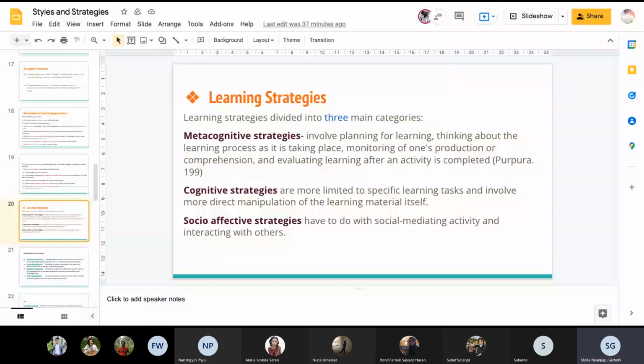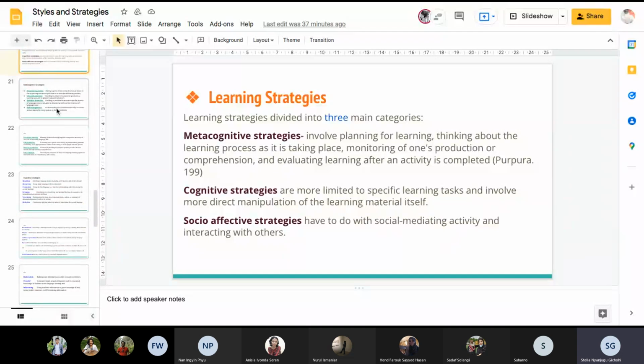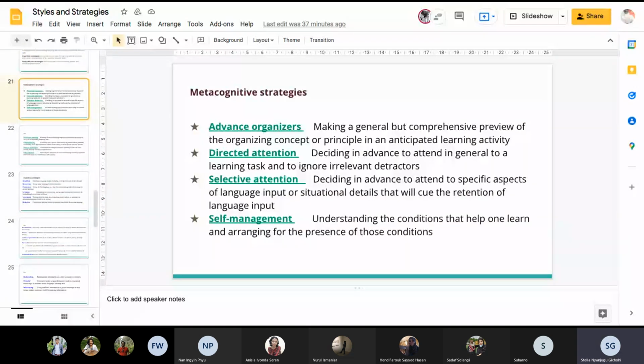Again, you shall come and see some of the strategies a learner has to use to learn. And then you have the socio-affective. These have to do with the social mediating activity and how they interact with others. So we shall come and see each of these activities. We'll discuss the metacognitive ones first.